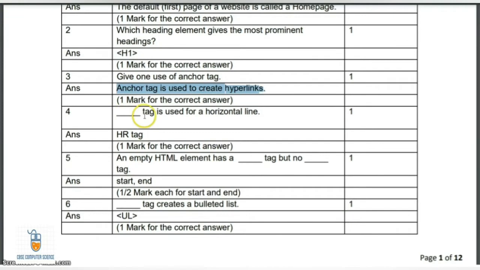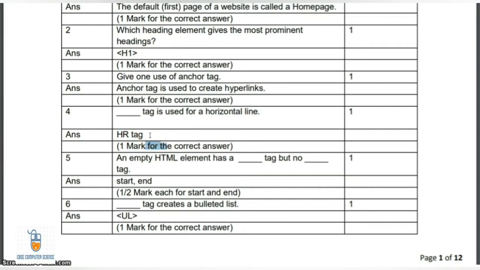The next question is, in the fill up form, dash tag is used for a horizontal line. To create horizontal lines in HTML, we use the HR tag. So try to write the HR inside angle brackets. Next question is, an empty HTML element has a dash tag but no dash tag.